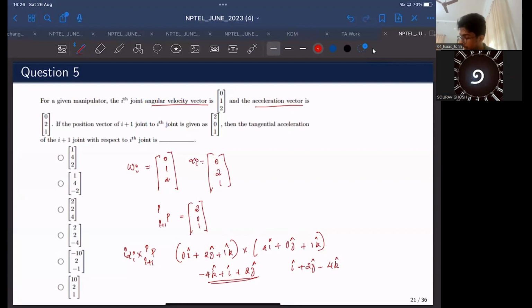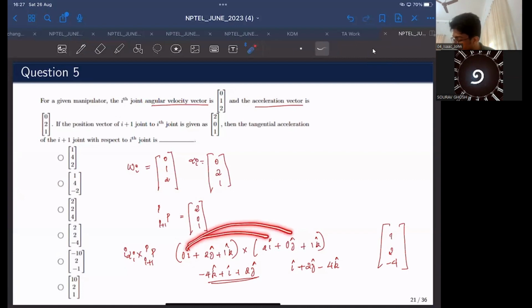Is that correct? But I don't think we have an answer that 1, 2, minus 4. Let me cross check this once again. This component does not have any value.